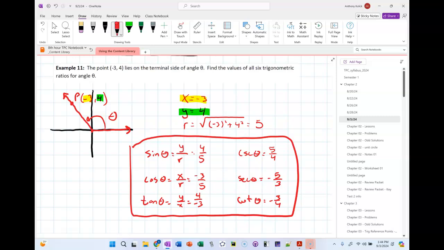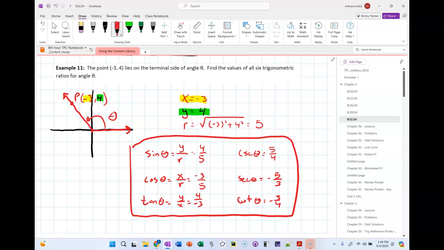What do we notice about the values of sine, cosine, tangent, etc. that happened here that we've never seen happen before? Look at the values. We have some negative values.